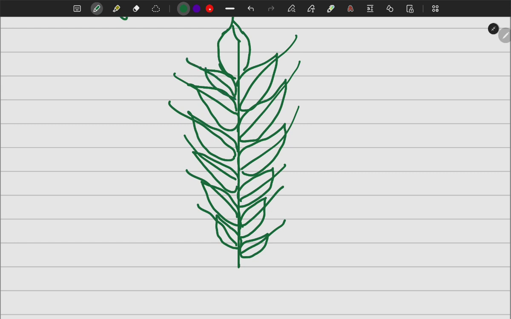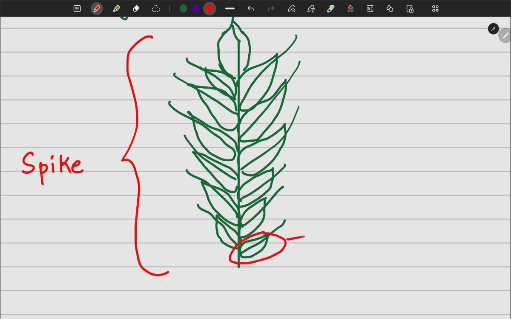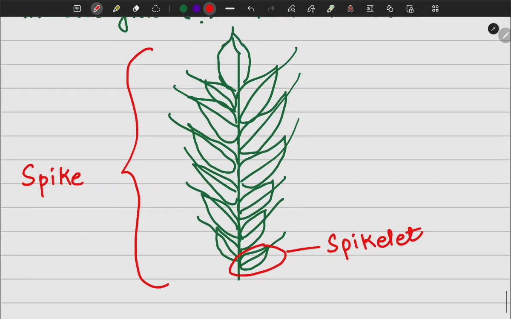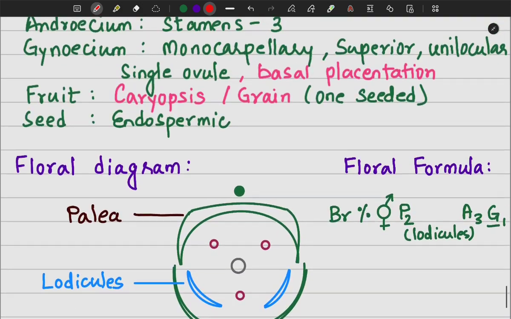If we consider this whole structure, then this is one spike. And if we take out this one unit, that's a spikelet. Alright, so this spike is made up of many spikelets. So this kind of arrangement of flowers is called spike of spikelet inflorescence, mainly seen in Poaceae or Gramineae family. Alright, that was about the inflorescence.